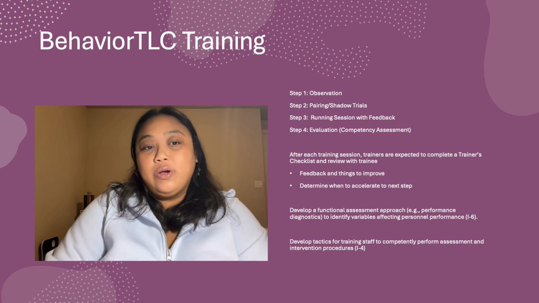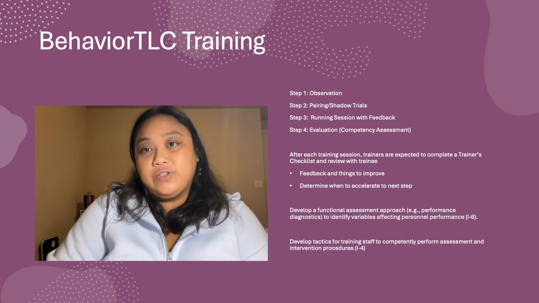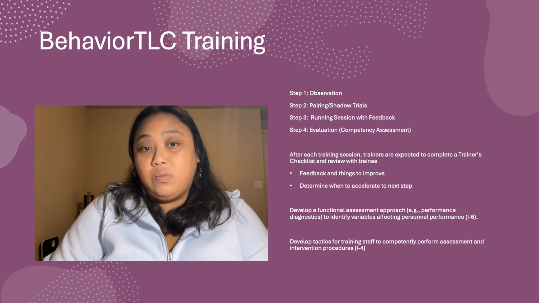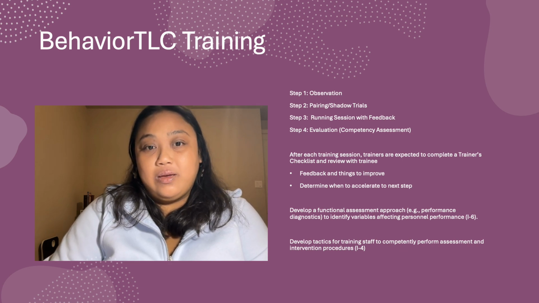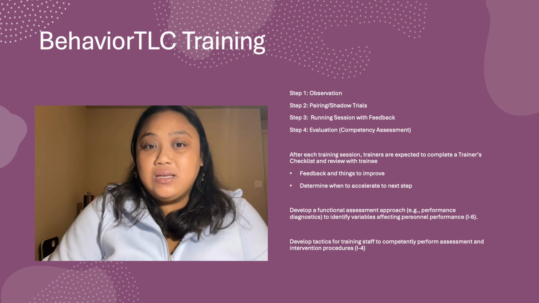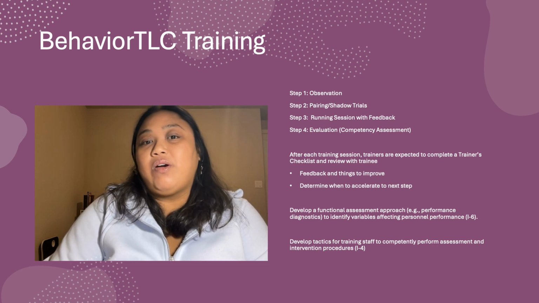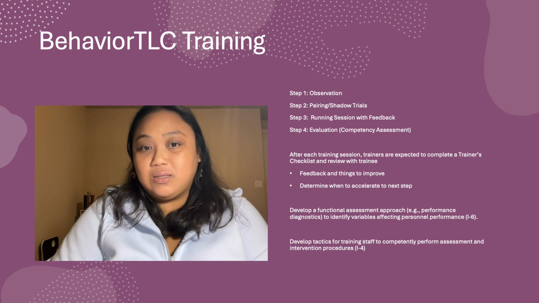So where I work, we follow the behavior skills training model. We do step 1, observation, step 2, pairing and shadow trials. I will go into more of that in the next slides. Step 3, running session with feedback, and step 4, the evaluation, which is a competency assessment.